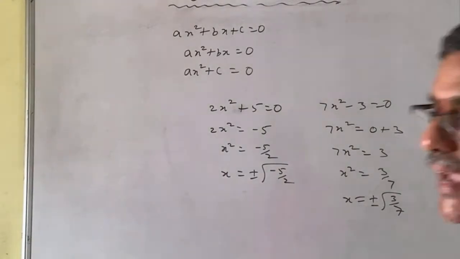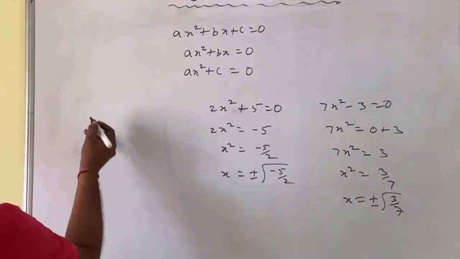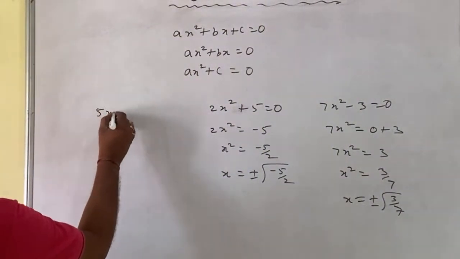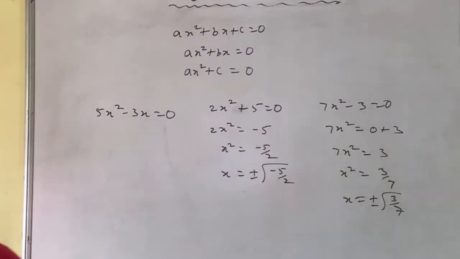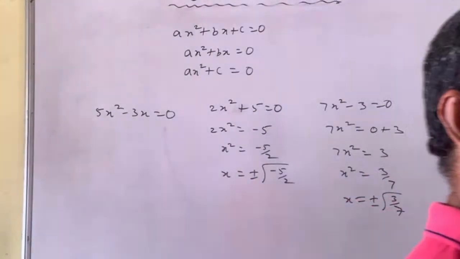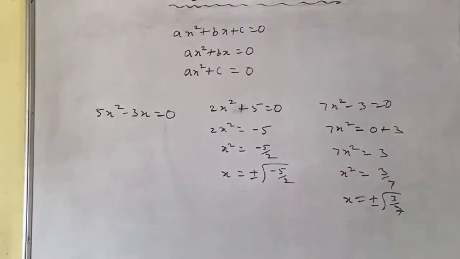Last problem for today. What are the zeros of 5x square minus 3x is equal to 0? Find the zeros of 5x square minus 3x is equal to 0. Fast.